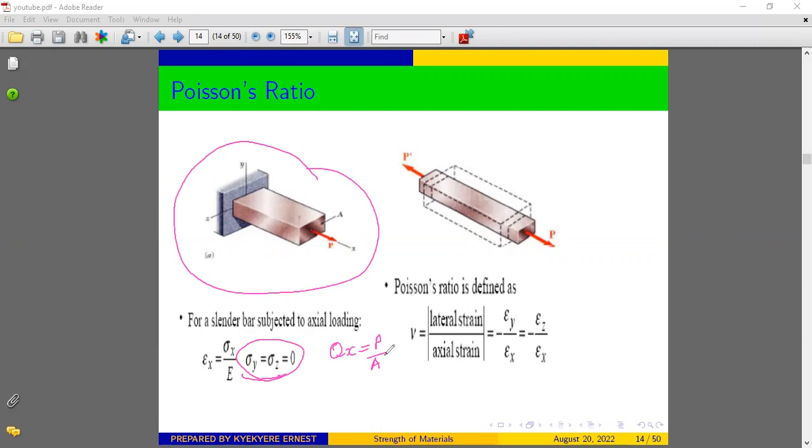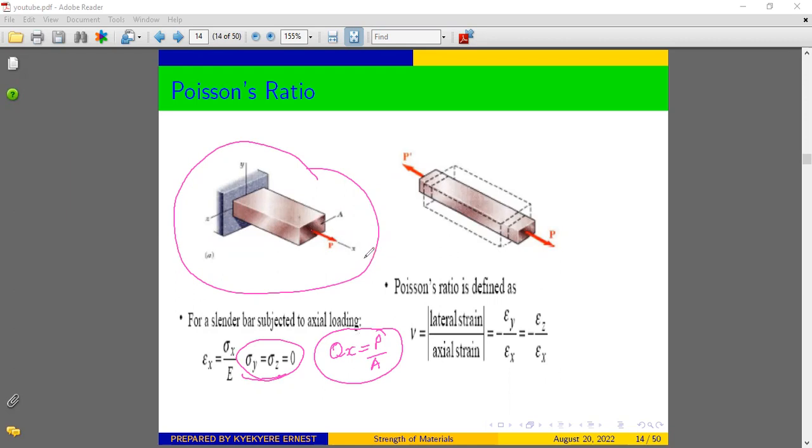Since we have stress in the x-axis, because the force is applied along that direction, and looking at the direction of our force, this force is going to elongate the member. Therefore, we get deformation along the x-axis.